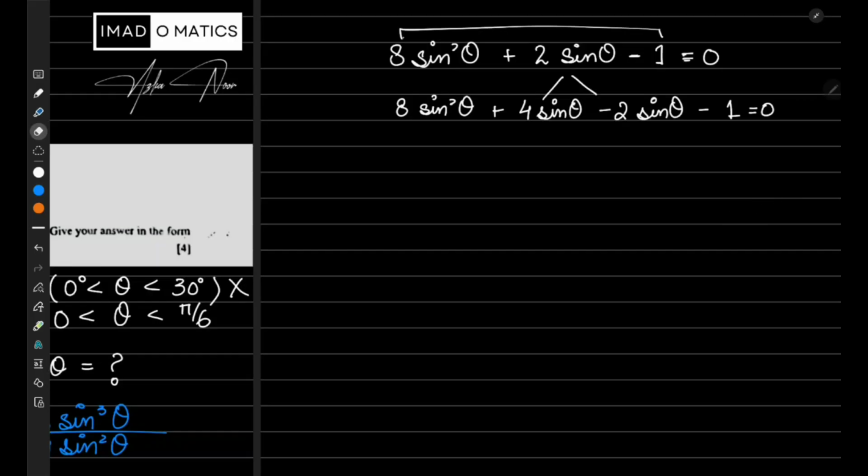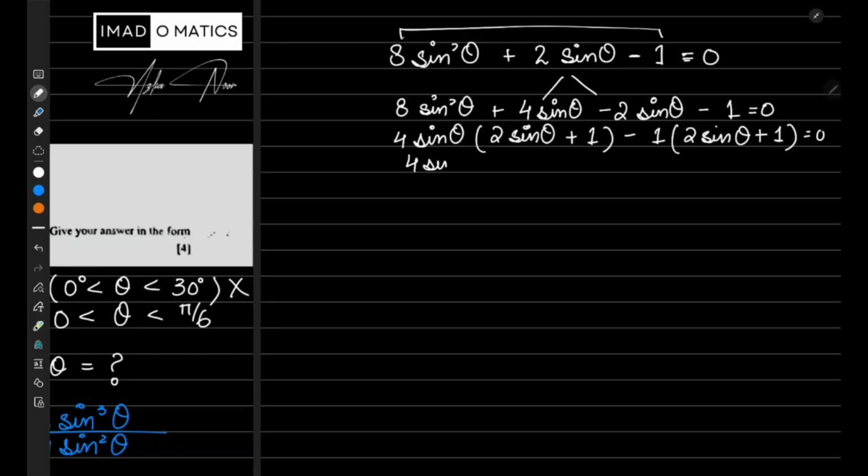Okay, now take common 4 sine theta: 2 sine theta plus 1, and minus 1 common: 2 sine theta plus 1 equals 0.